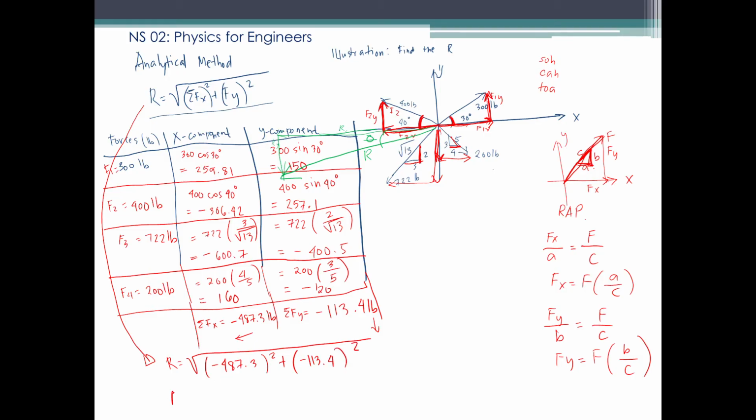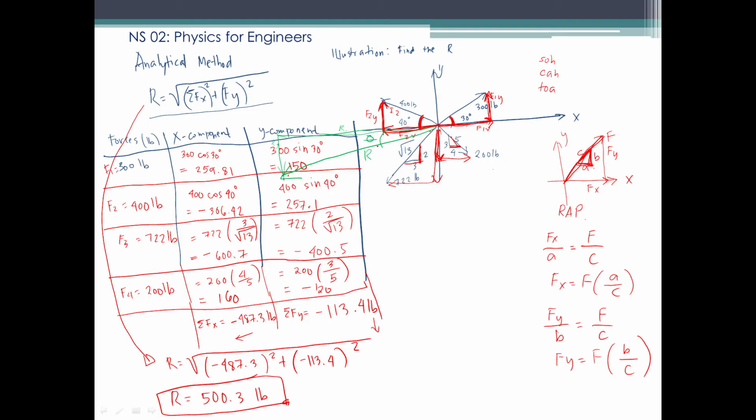So that the magnitude of the resultant is now, please calculate, 500.3 pounds. So, in what we illustrated, this is the resultant, that is its magnitude.